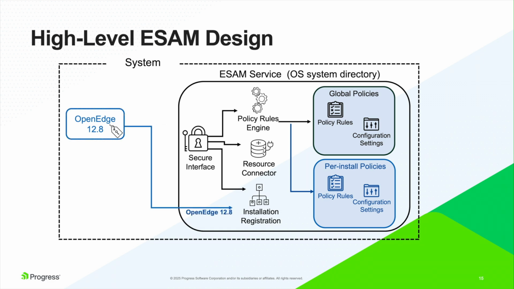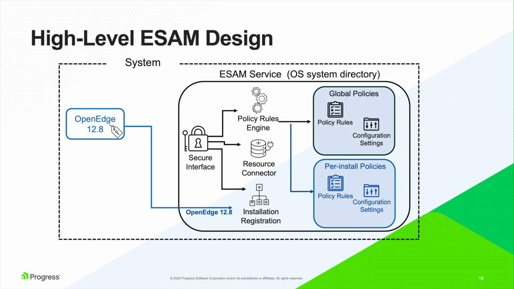So now that the ESAM has been installed, the OpenEdge 12.8 installation can continue. During installation, the OE installer creates an ID file token and calls the ESAM registration, which creates a registered entry containing the installation's GUID ID, absolute installation path, and digest hash of the OE installation's token file.